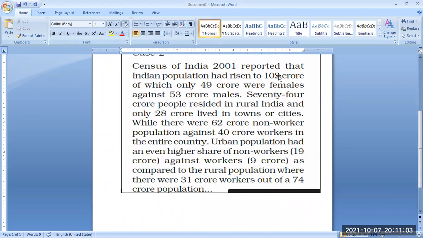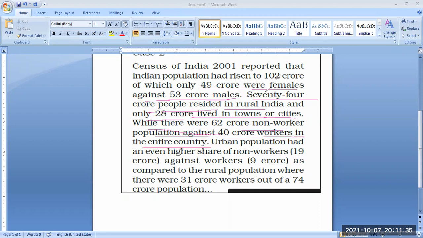Census of India 2001 reported that Indian population had risen to 102 crore, of which only 49 crore were females against 53 crore males. 74 crore people resided in rural India and only 28 crore lived in towns or cities, while there were 62 crore non-worker population against 40 crore workers in the entire country.